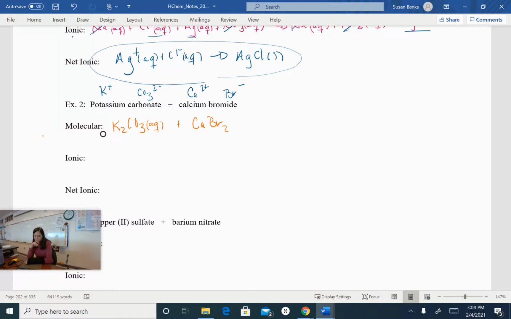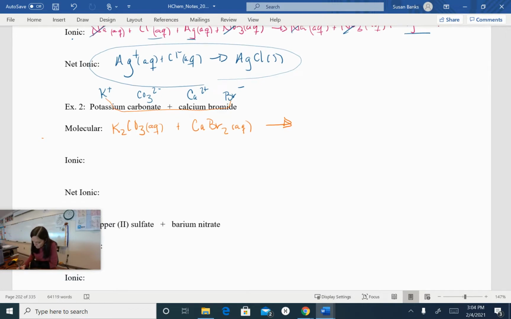Now, is that soluble? We do have a rule about our bromides. Bromides are soluble except for silver, mercury, or lead. Calcium's not silver, mercury, or lead, so that will be soluble. Okay, double displacement here. So potassium is going to get together with the bromine. +1 plus -1. I'm just going to need 1 of each.